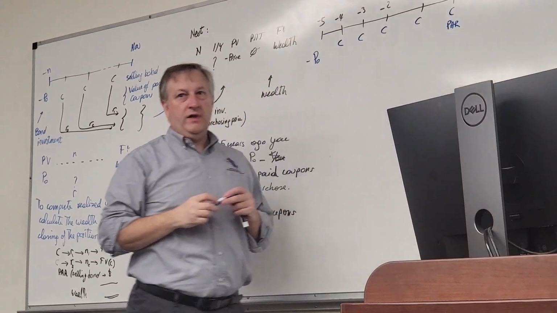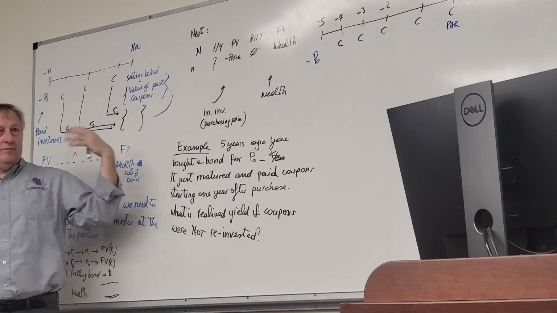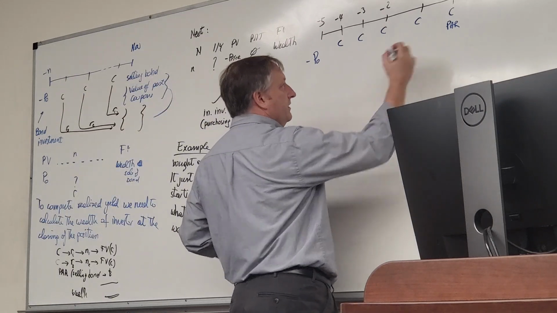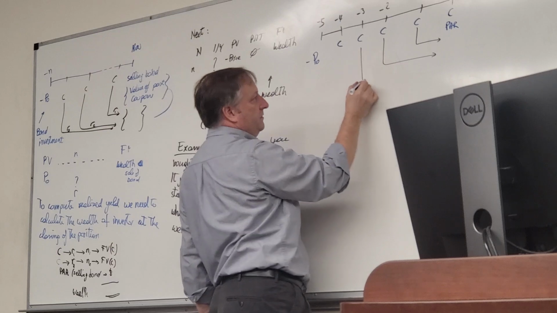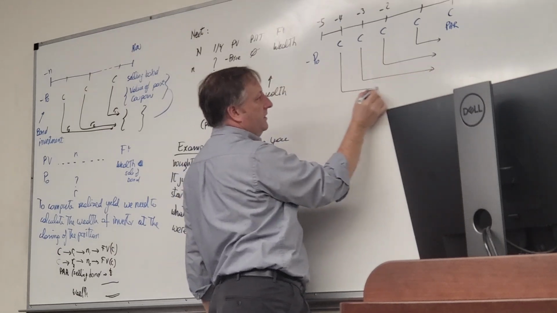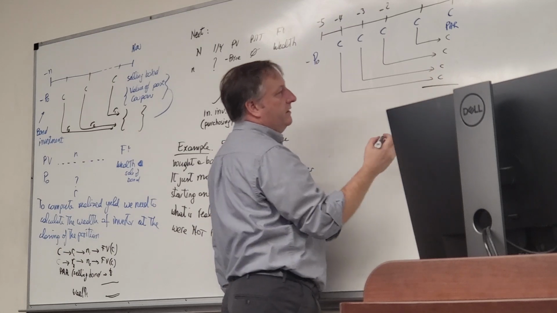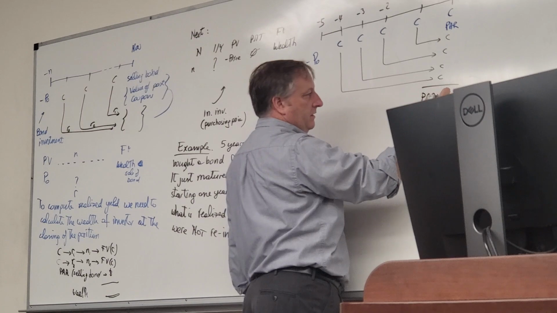Can you tell me what is your wealth? Well, the money that you just collected is coupon and par, but somehow you also collected coupons in the past. So what is your wealth? Well, these must be added here, here, and here, and so on, right? So your wealth is going to be par plus the 5 coupons.